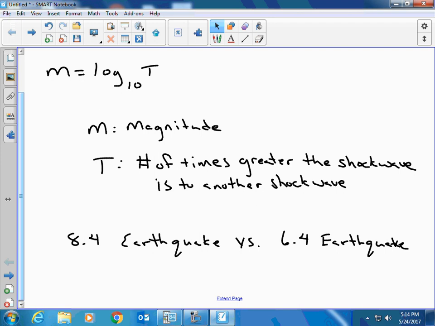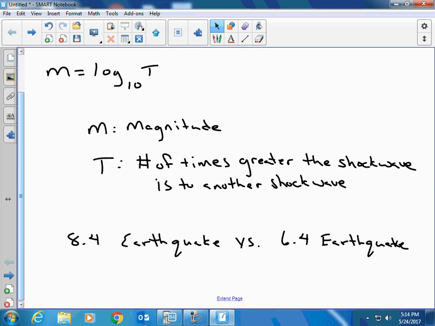First of all, let's just calculate the t value. And the t value stands for the number of times the shock wave is greater than another earthquake. But if I simply use an 8.4 earthquake, and I don't compare it to anything, then the smaller earthquake would be like just an earthquake of 1, so it's just finding the shock wave's strength, the magnitude of the shock wave.